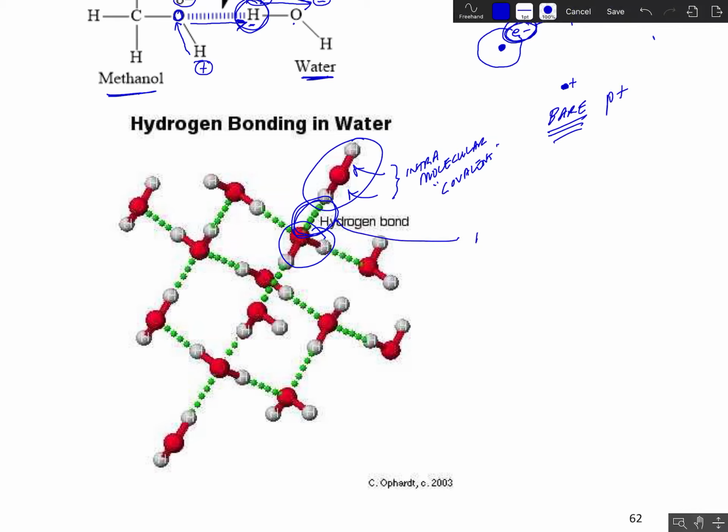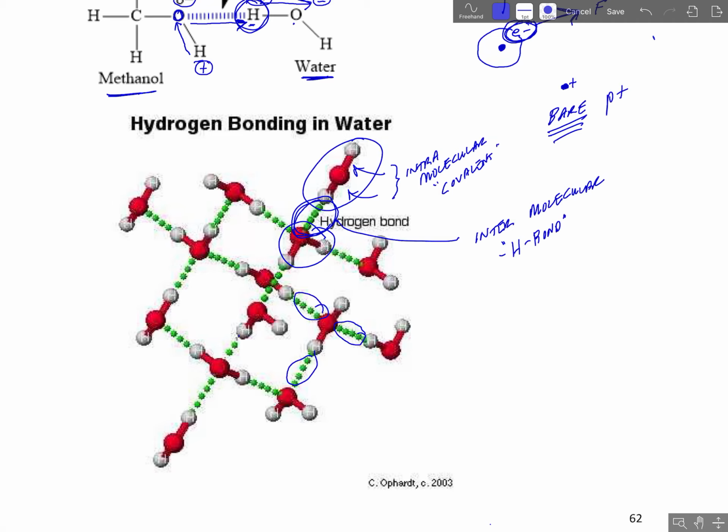However, the interaction between different water molecules is an intermolecular bond. And since it occurs between a hydrogen and either oxygen, nitrogen, or fluorine in a separate molecule, we call it a hydrogen bond. We usually call them just H bonds for short.